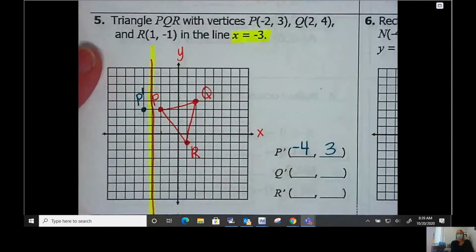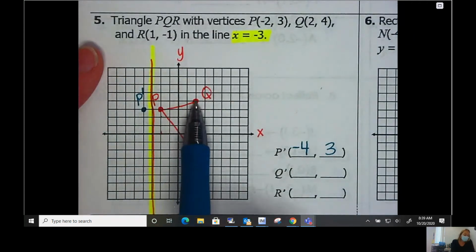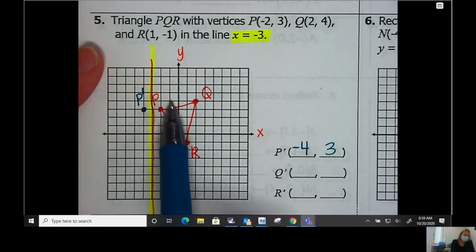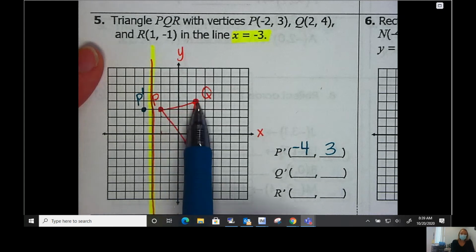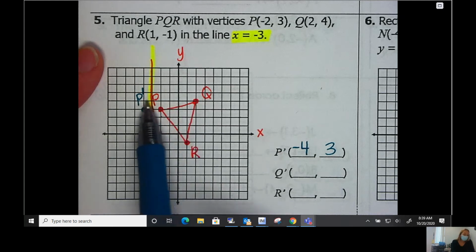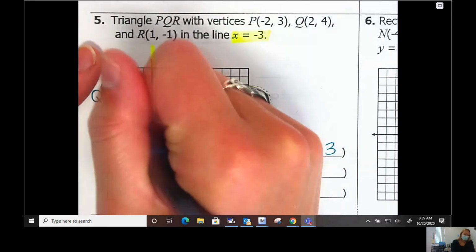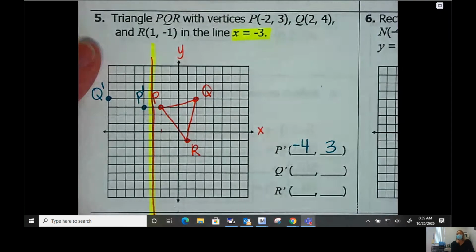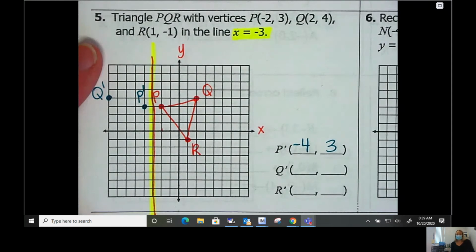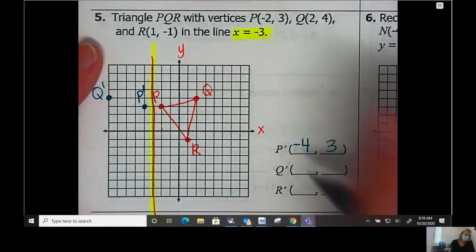All right, let's do Q. How far away is Q from this yellow line? 5, so I need to go 5 the other way. What are the coordinates of Q prime? Good.